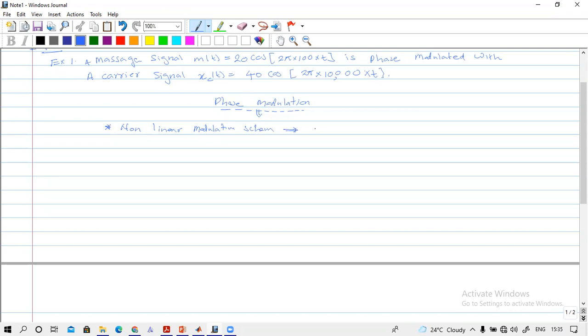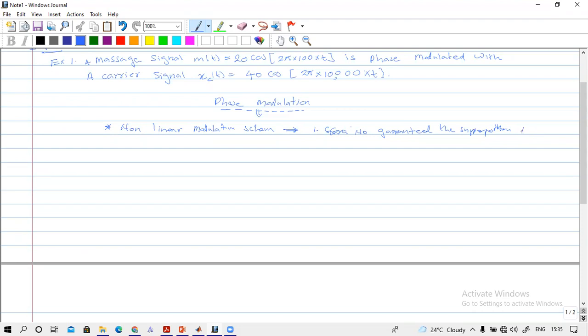The first one is that it does not guarantee the superposition theorem. The superposition theorem is a common property of all linear systems.